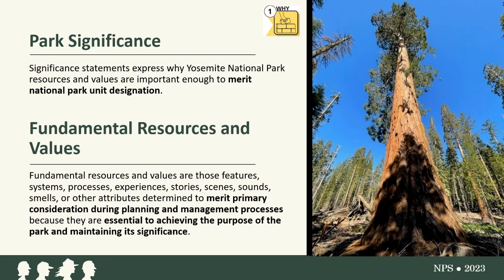So what do we need to protect to maintain the park's significance and realize its purpose? That's the fundamental resources and values. These are those features, systems, processes, experiences, stories, scenes, sounds, smells, or other attributes that are determined to warrant primary consideration during planning and management processes because they're essential to achieving the purpose of the park and maintaining its significance.